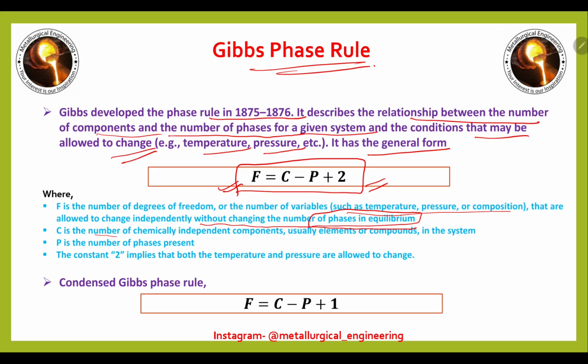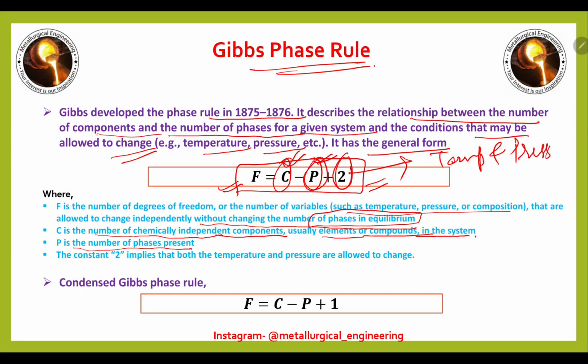And C is the number of chemically independent components, usually elements or compounds in the system, and P is the number of phases present. So this is the component, and this is the number of phases, and this is the constant parameter, which is generally temperature and pressure, which are allowed to change.